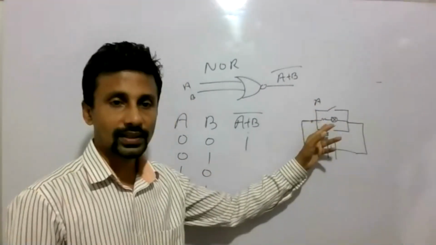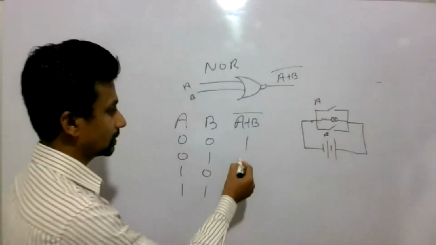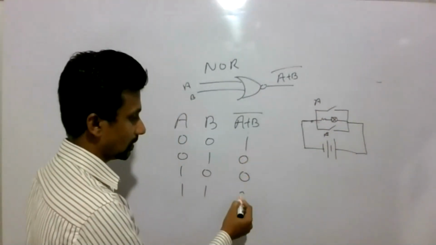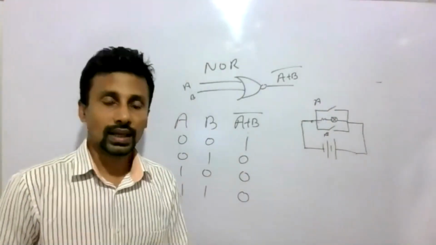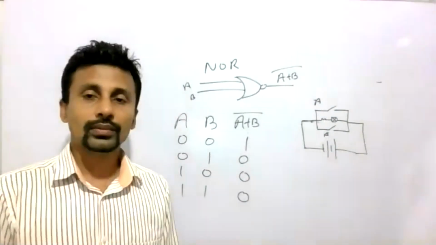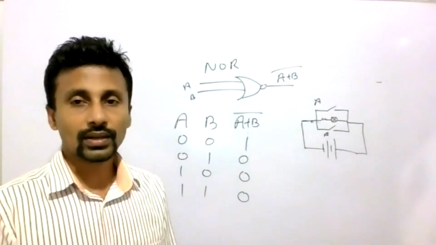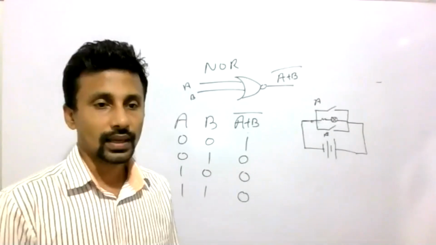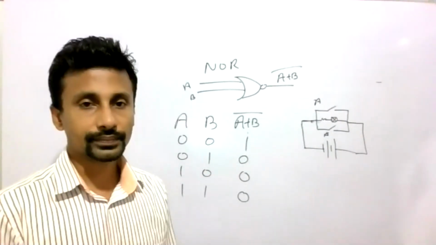Because I have put a resistor here, your bulb won't work. So here 0, here 0, here 0. So other side of the OR gate. Now if you can remember OR and AND, definitely you can remember NAND and NOR because it is the other side of that. And NOT you have to remember separately, right?